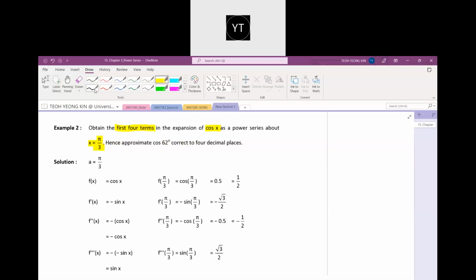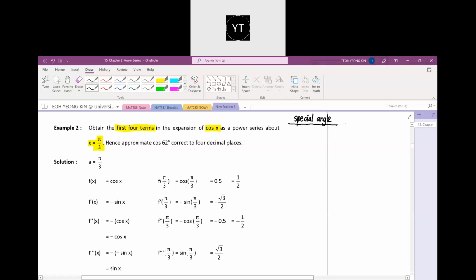Before we start this question, first you have to know the special angles.